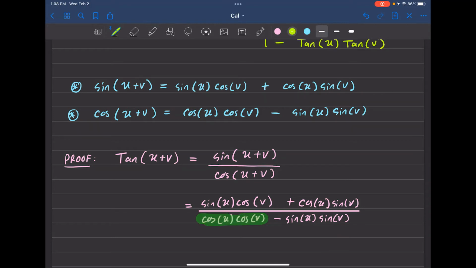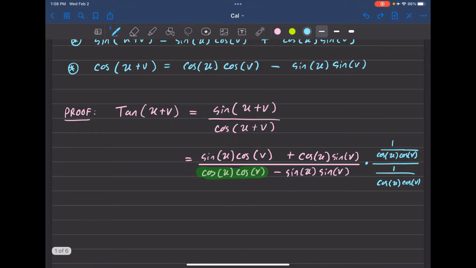So here's what I'm going to do. I'm going to multiply this by 1 over cosine u cosine v, divided by 1 over cosine u cosine v. The reason I'm doing that is because I want to turn the shaded portion, which is this, to be a 1. If I do this algebraically, I will get a 1 there. Everything else should fall into place.